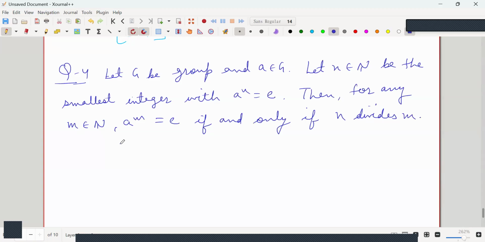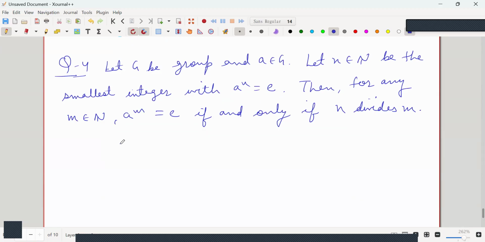So generally, this question is discussed after the definition of order of an element, but that is not yet discussed in the lecture. So I'm not defining what is an order of an element, but this question makes sense without knowing the definition also. So what it says is that for any group, if A is inside that group and n is the smallest integer such that a raised to n is identity, then whenever we have a^m equal to identity, then n must divide m.